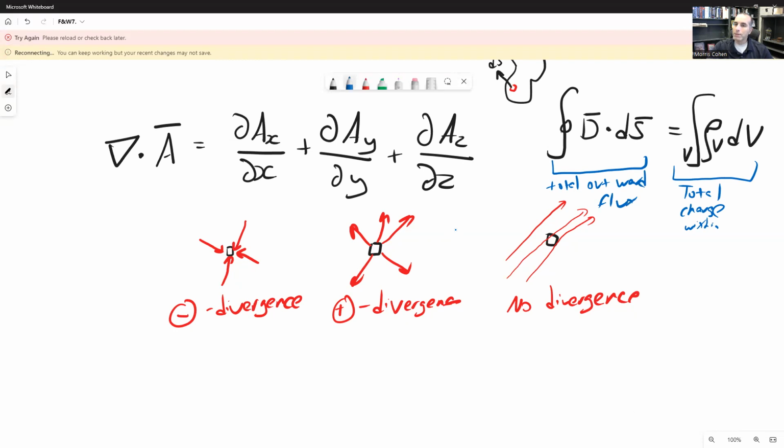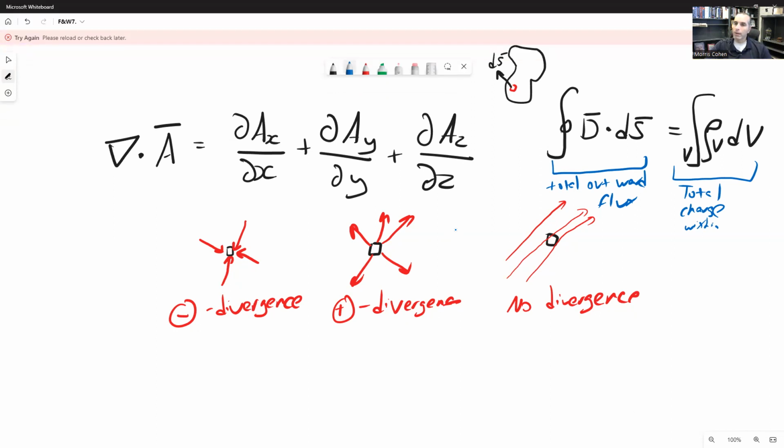All right, remember, D is flux density in units of coulombs per meter squared. So you multiply it by an area, and that's a total flux, not a flux density anymore. So that's what the left side of this is. And this was basically a way to restate what we already knew, which is that field lines have to start at positive charges and they have to end at negative charges, right?